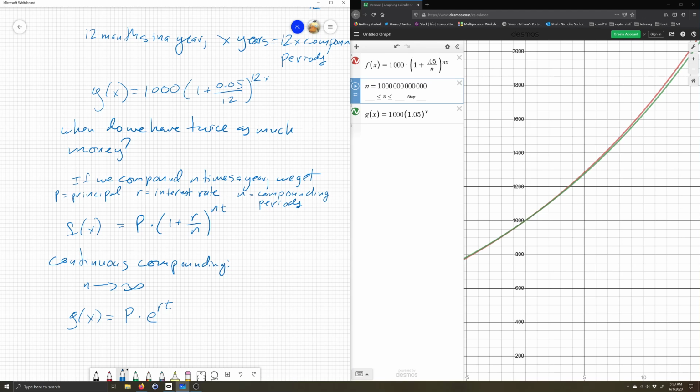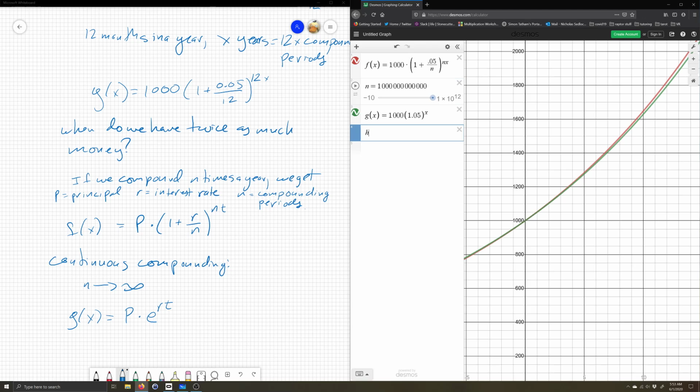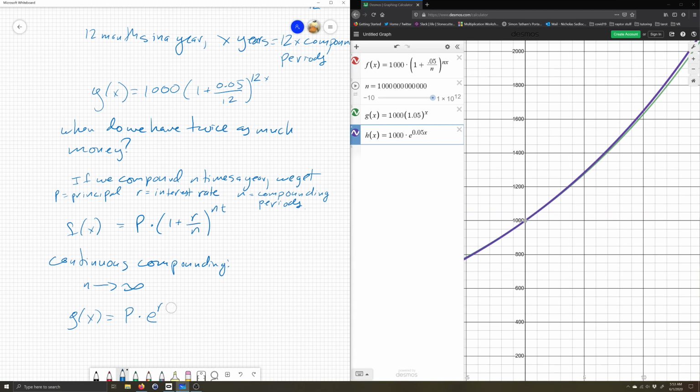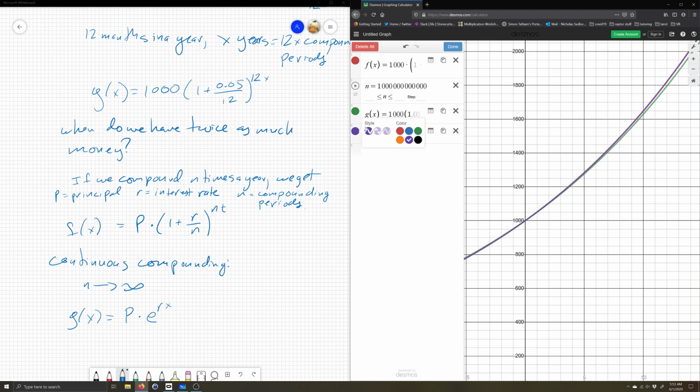And I'll show you that over here. And this should be Rx. You can see that that purple line perfectly matches the green line, or perfectly matches the red line.